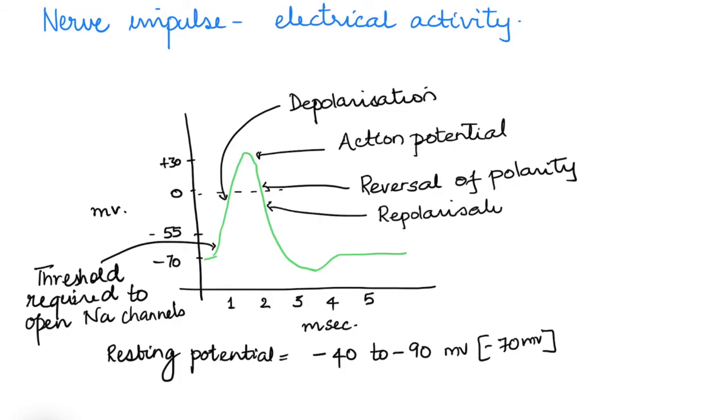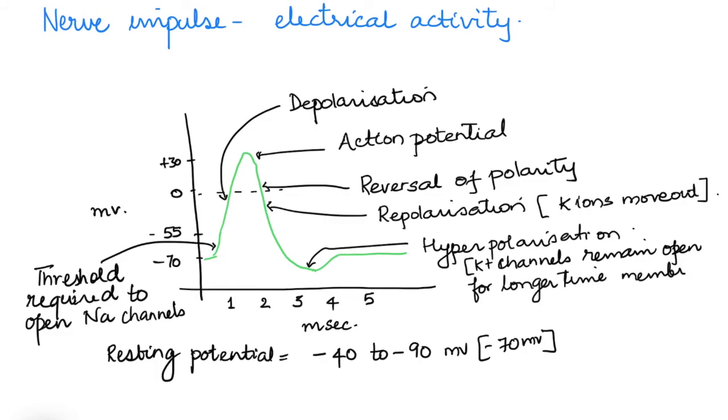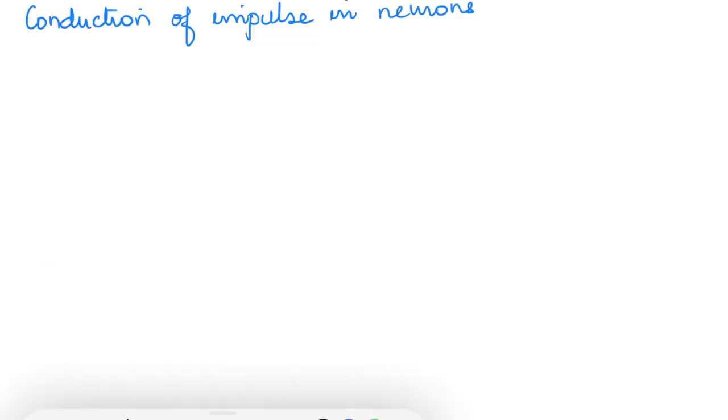Then it starts to move down, where the reversal in polarity happens and repolarization happens. Now, this repolarization can then lead to hyperpolarization. This is because there are some potassium channels which remain open for a longer time, so that the potassium starts to move in such a way that it creates a difference of more than negative 70.